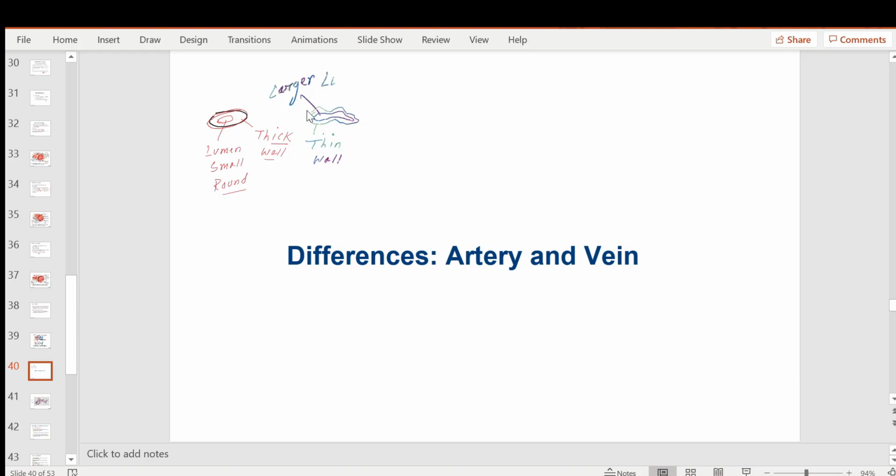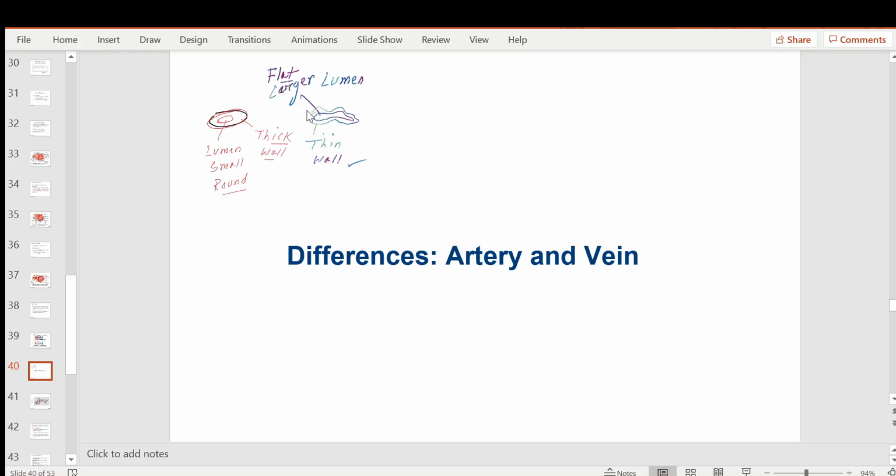Makes sense? And since the lumen is larger and wall is thin, when the vein is empty, it gets easily flat. Okay, so not always round, so flat, larger, and wall is thin.